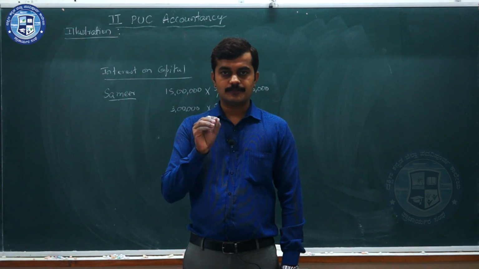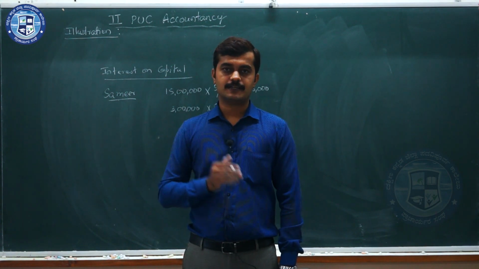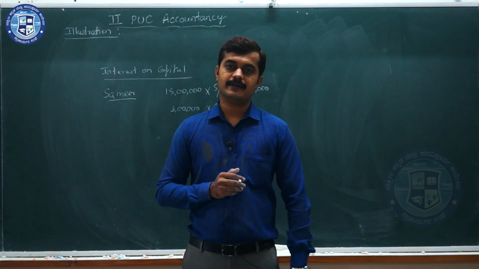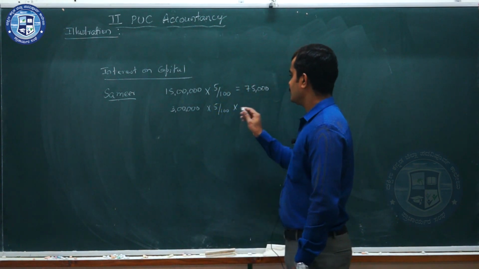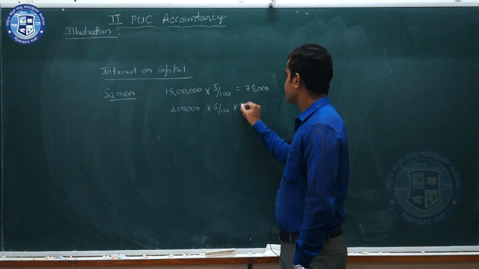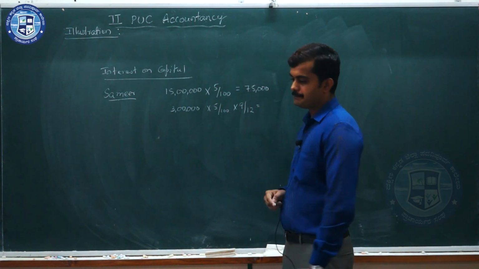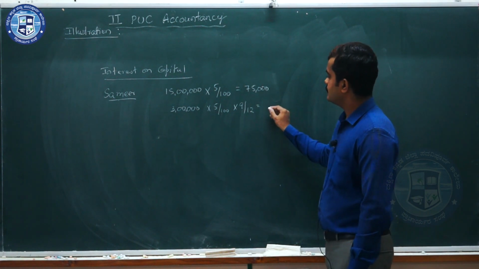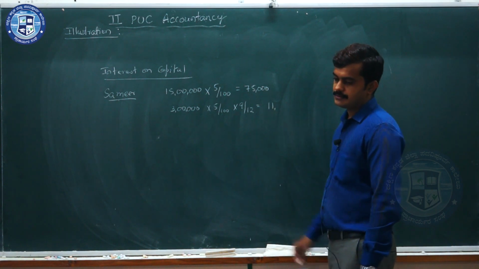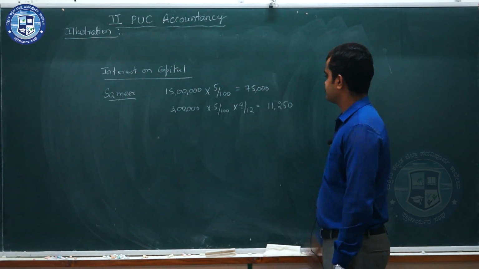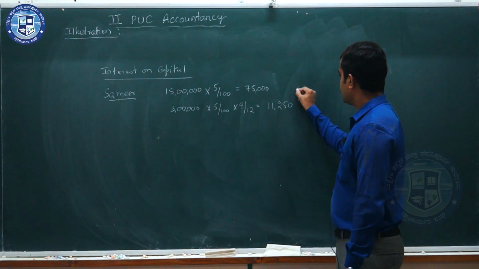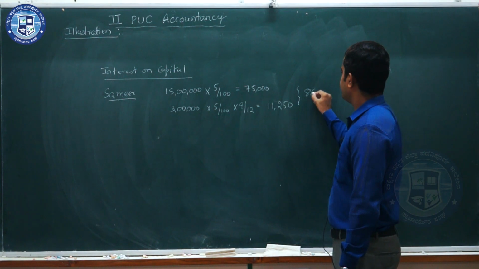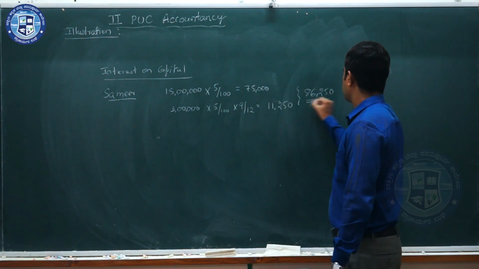Since it is July 1st, from July we have to count till March 31st. So July, August, September, October, November, December, January, February, March. Total 9 months are there. So 3 lakh into 5 by 100 into 9 by 12. That amount comes to 11,250. So total interest on Samir's capital will be 86,250.